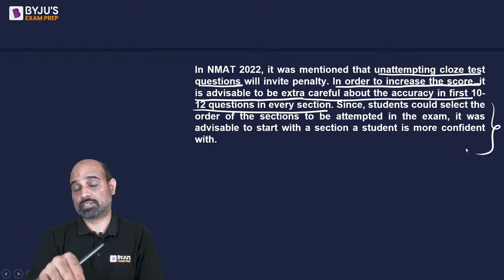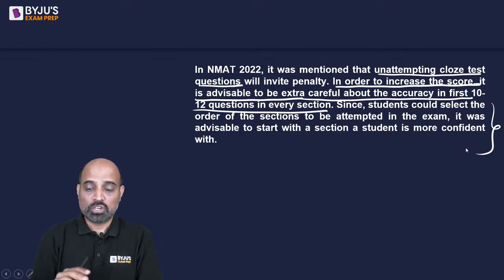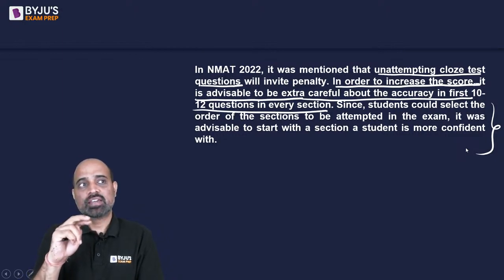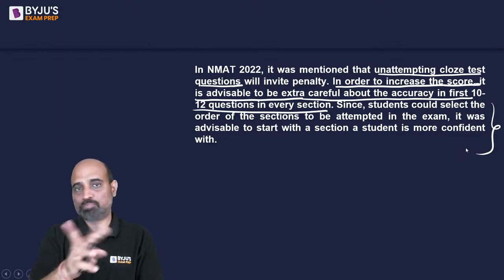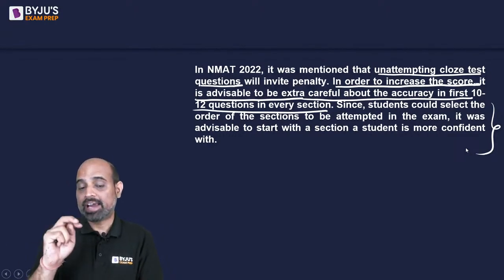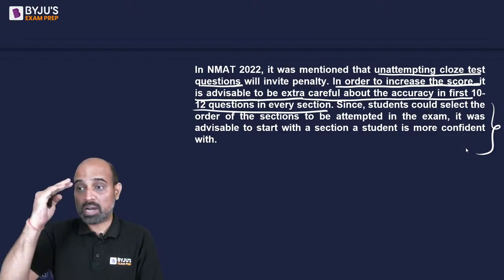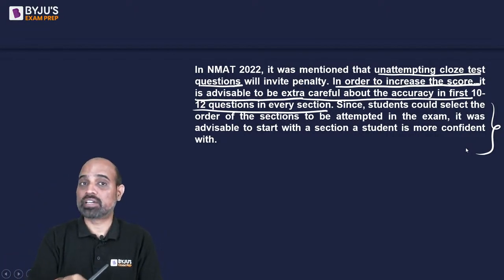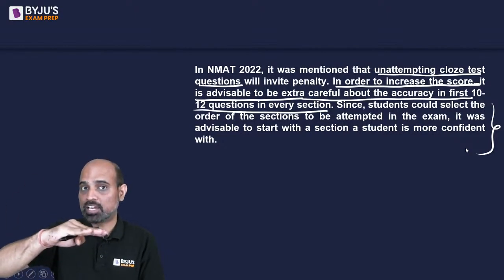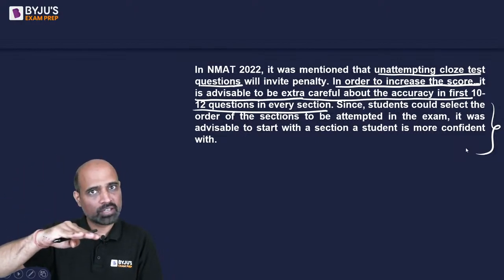But since 2021 this exam has been adaptive in nature, so now what happens is, if you are guessing, see, first thing is you can't shuffle between the sections or even between the questions, right? And if you make a guess and it is wrong, your mark will reduce. Even though there is no negative marking, your overall mark will reduce. Why? Because if you had got it right, your marks would have increased, but since you didn't, your marks stay where they are.